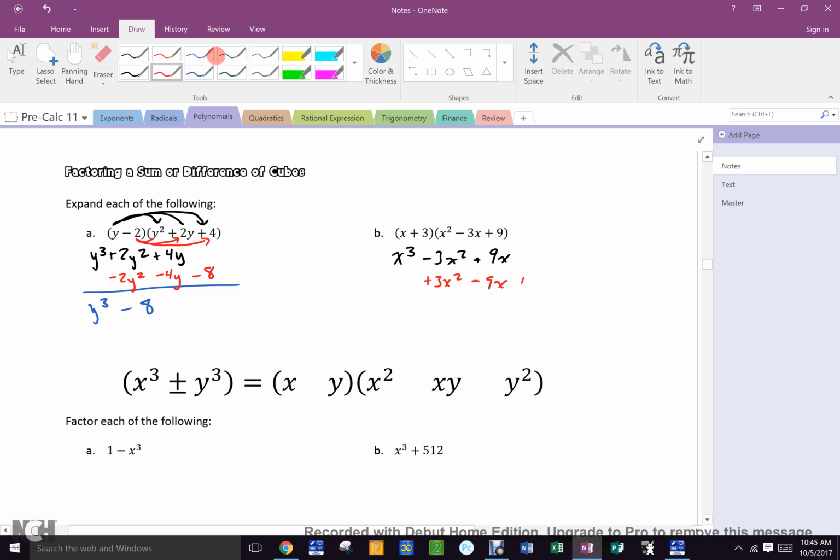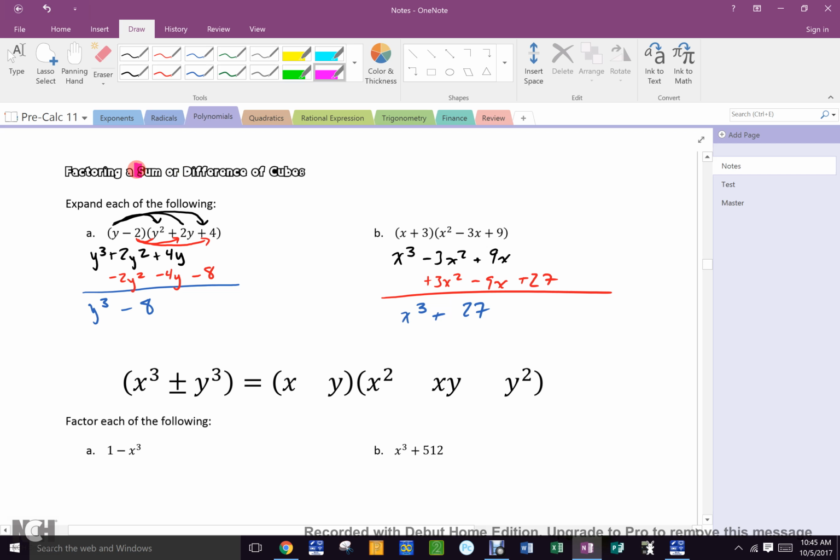And that gets me what when I hook it up? X cubed plus 27. Right? Everybody's with me?